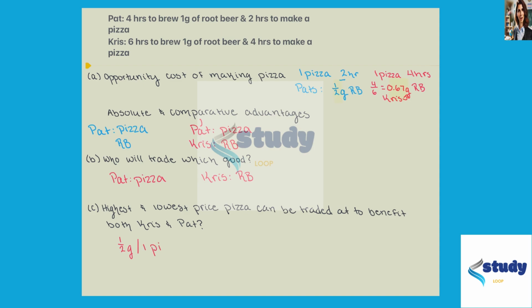Because as soon as he's willing to pay more than that, he should have just made it himself. Now, on the other hand, for Kris, purchasing pizza, her opportunity cost of pizza is 0.67 gallons of root beer. So she should not be willing to trade more than that in order to get her pizza. So here we could say that her one pizza should be traded at this 0.67 gallons per one pizza.